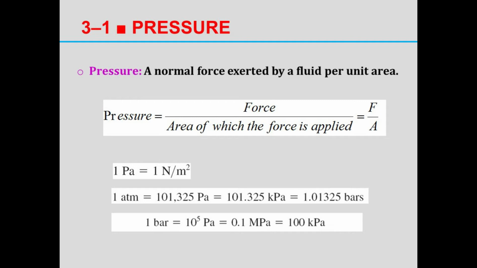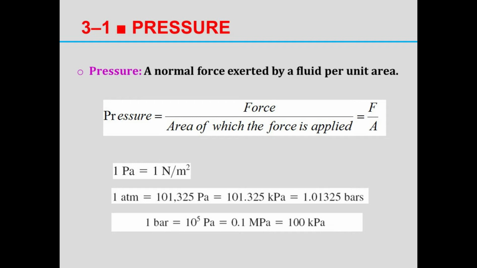For pressure, there are two more special units. First, 1 atmosphere. One atmosphere is the natural air pressure at a location just above sea level. Atmospheric pressure is normally 101,325 Pascal. The other unit is 1 bar. 1 bar is equal to 100,000 Pascal. Why does the bar unit become important?